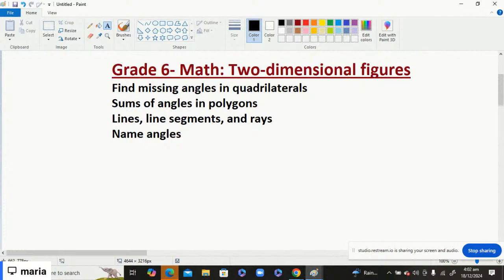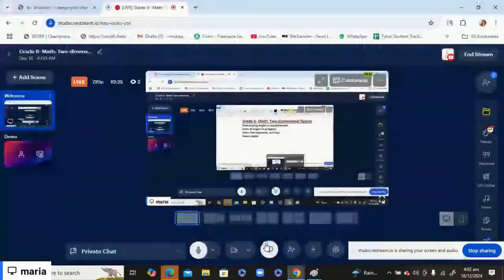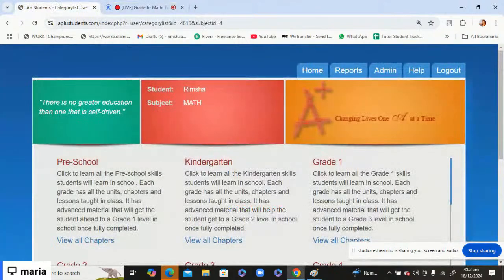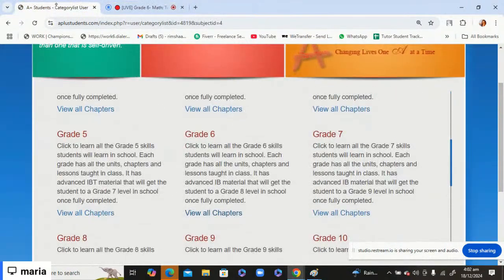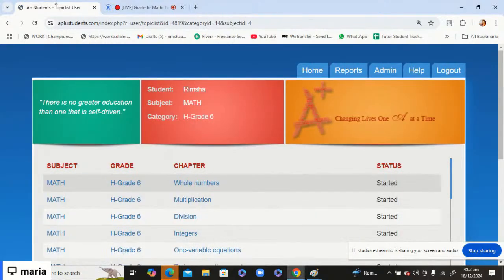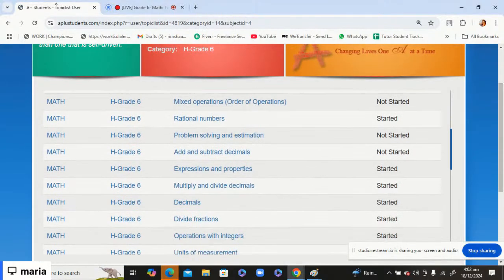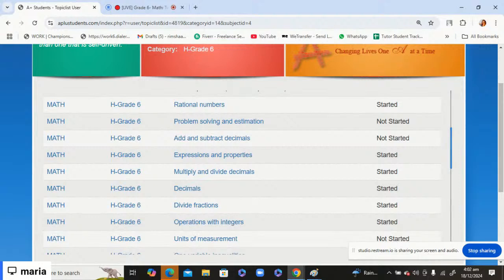You have to log in using the email and password provided by the administrator. Go to the subject tab and select maths from there. Scroll down to grade 6. View all chapters. So here is the list of the chapters, and we are on the chapter two-dimensional figures.